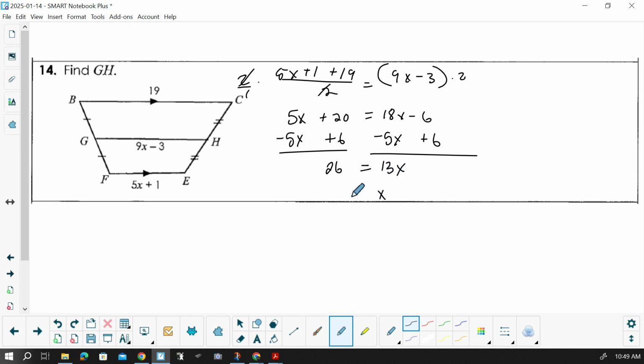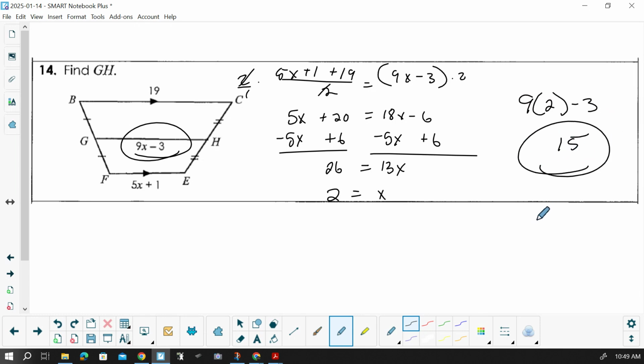Divide both sides by 13. x equals 26 divided by 13 is just 2, isn't it? Yeah. And so x is 2, but then it says find GH, which is this one. So 9 times 2 minus 3. 18 minus 3 is 15. GH is 15.